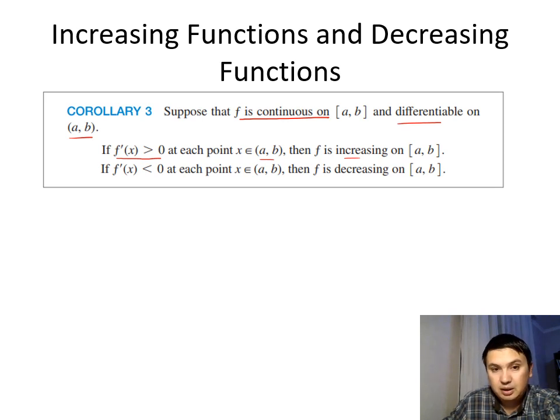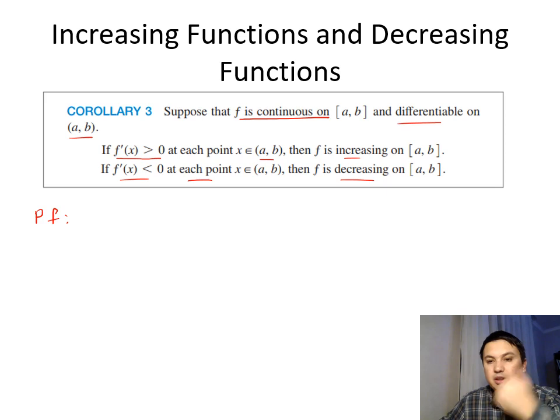And if the derivative is negative at every point on (a, b), then it's going to be decreasing. Why is that, and how can we use the mean value theorem? If you forgot the mean value theorem, refer to the previous video lecture.